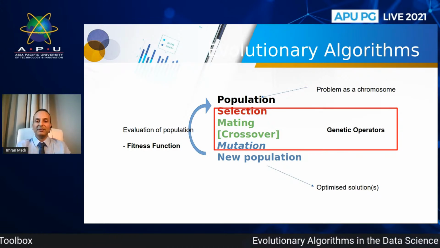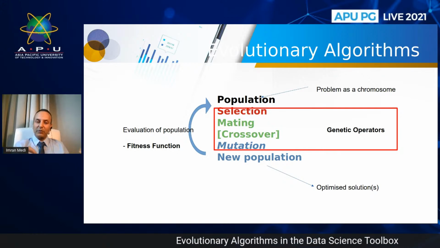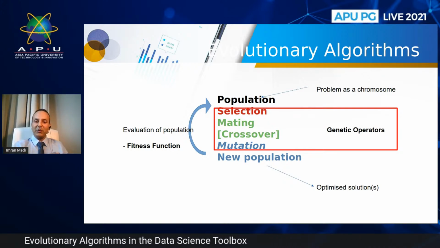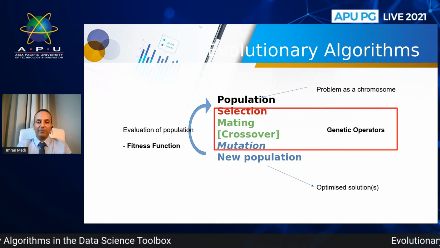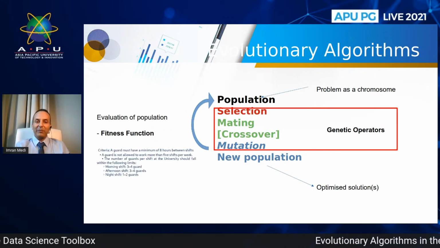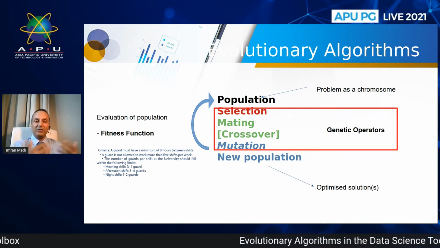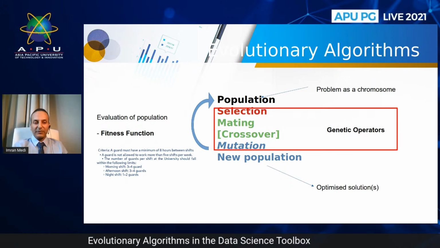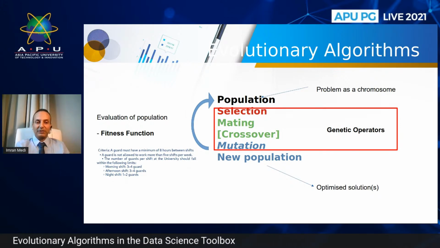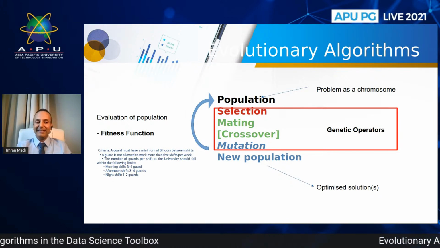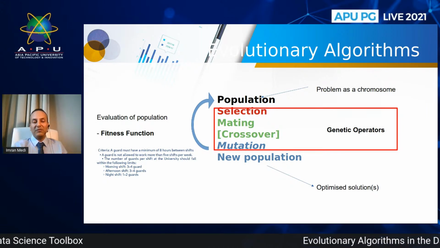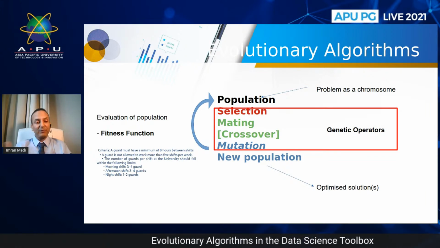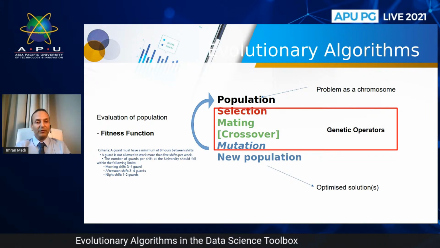And as we go through this process, that chromosome, that solution that we have come up with, will get better and better until we arrive at an optimized solution. And we can evaluate that solution per iteration by putting in those constraints: the number of shifts we must have, the break that's needed, the maximum number of shifts that each individual can have per week, and so on and so forth.